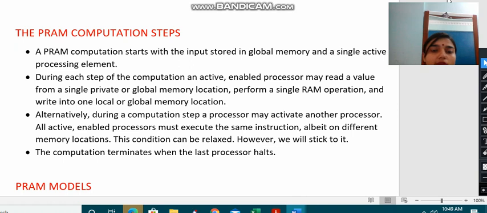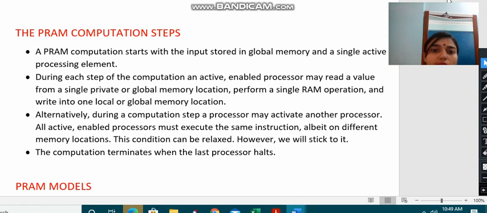So let's have a look at the PRAM computation steps. Here, a PRAM computation starts with the input stored in the global memory and a single active processing element. If we have P processors, then only one processor at a time will get activated to do any type of execution.